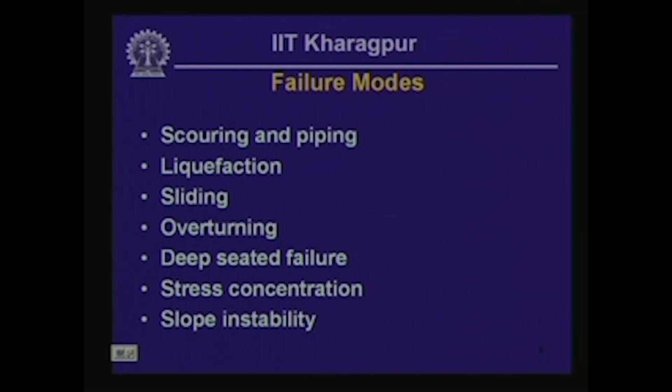If there is a pathway for seepage to take place across the body of the dam, then particularly in case of earth dams or embankment dams, if the velocity of water flow becomes too high, then it is going to wash out material that comprises the dam body, and as a result the entire dam may fail. This type of phenomenon is called scouring or piping.